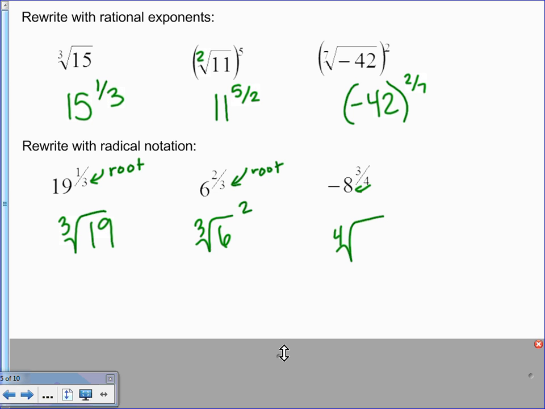What would I need to say touch all of it? I need parentheses. Do I have parentheses around that negative? No. So this exponent applies only to the 8. So I'm going to do the 4th root of 8 and cube it, and this negative just hangs out front. So you have to be really careful with the placement of your negative or the placement of parentheses. If you want it to be underneath the radical, then you have to have it in parentheses. Otherwise, it just hangs out in the front.